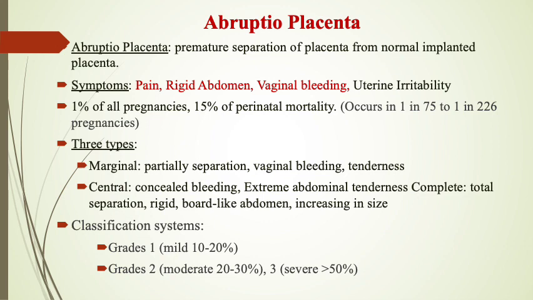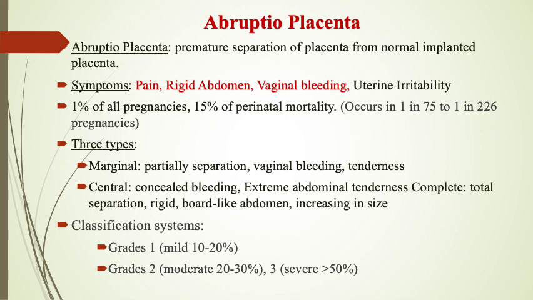In placental previa, it will be bright red vaginal bleeding. In abruptio placentae, it will be dark red vaginal bleeding. And sometimes you may not even see any bleeding because the bleeding is concealed, inside the uterus. This condition happens in 1% of all pregnancies and accounts for about 15% of perinatal mortality.